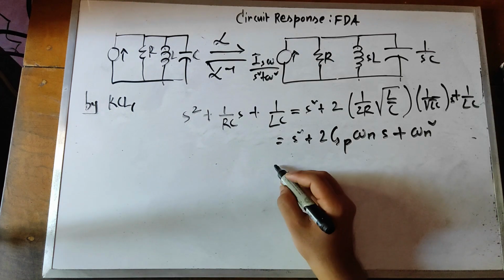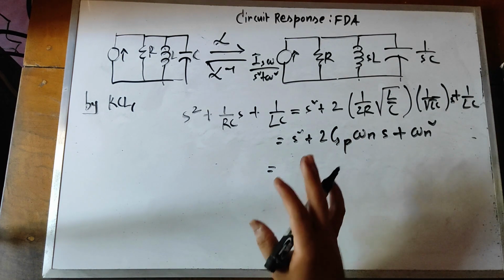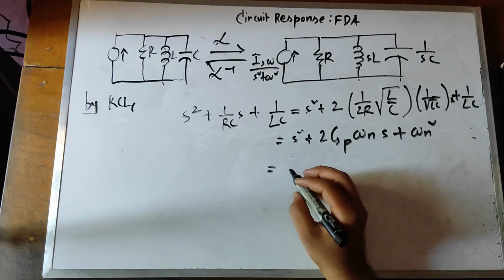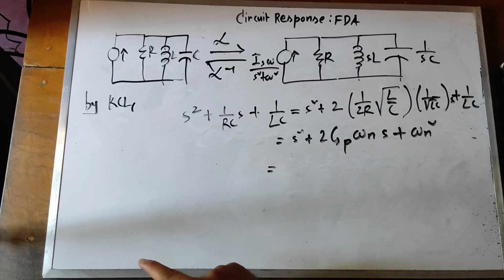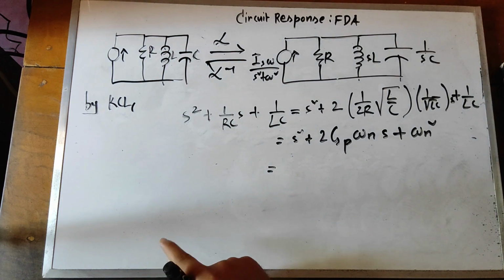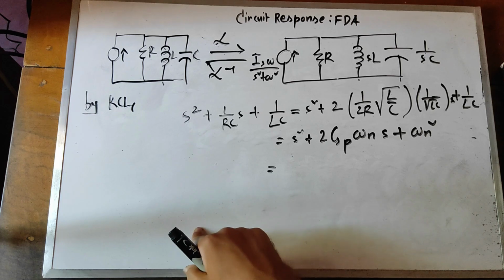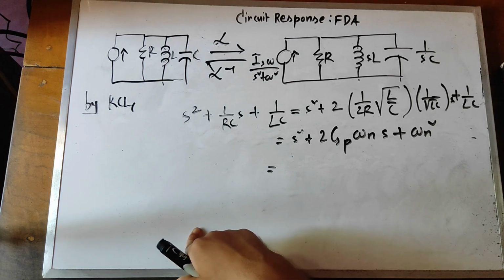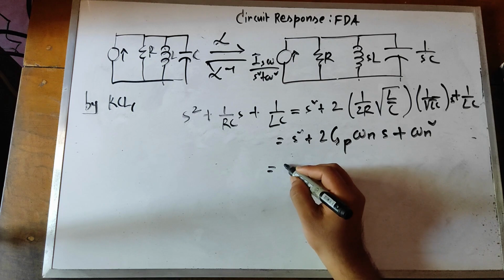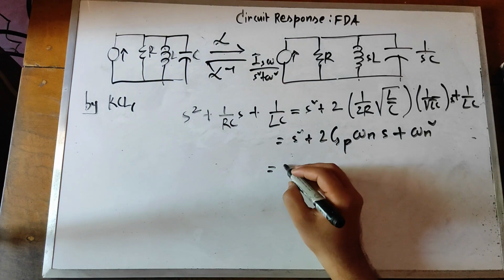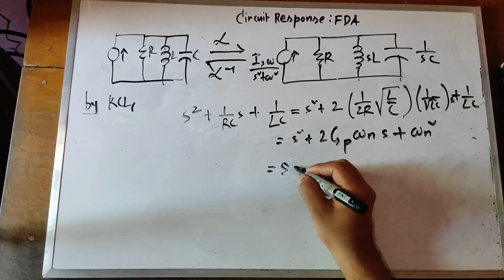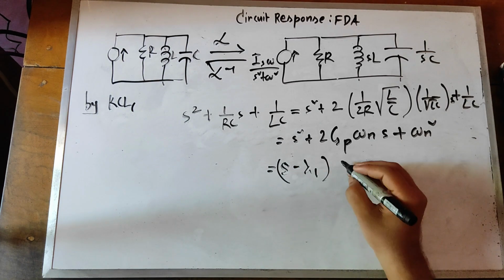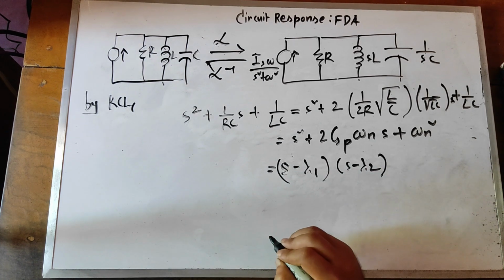Now here, if I write this in factors, I have to find the roots, and similarly from the characteristic equation, the eigenvalues I found in the series RLC circuit. This will also be a similar case. So here s minus lambda 1, s minus lambda 2.